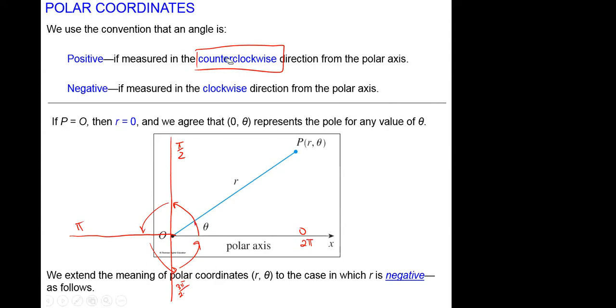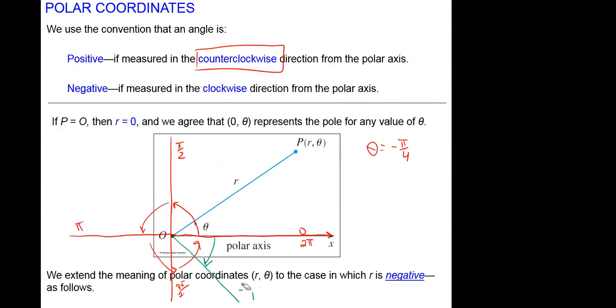But if we would like to indicate, let's say, theta to be negative pi over 4, we know also from the trigonometry that we will go clockwise, starting from my polar axis, of course, from my reference line. This is 0, and negative pi over 4, I will go clockwise, and this is negative pi over 4.